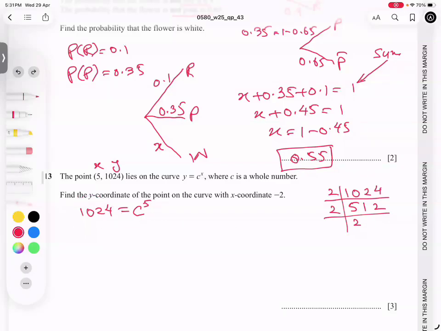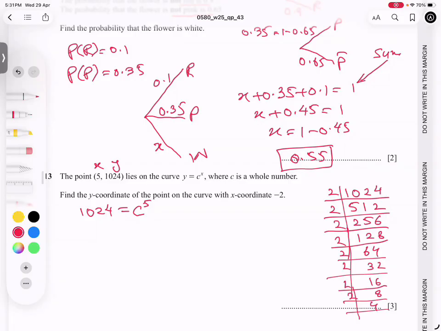So 2 to the 4, 2 5s are 10, 2 6s are 12. Then 2 times 8, 2 times 16, 2 times 32, and so on, 2 times 4, and 2 times 2. So 1, 2, 3, 4, 5, 6, 7, 8, 9, 10. So I have 2 to the power 10. 2 to the power 10 is 1024.